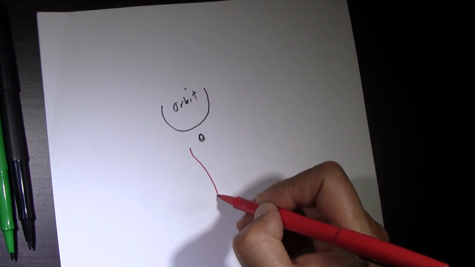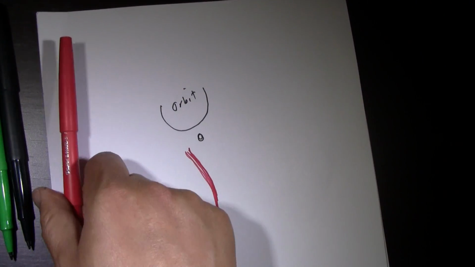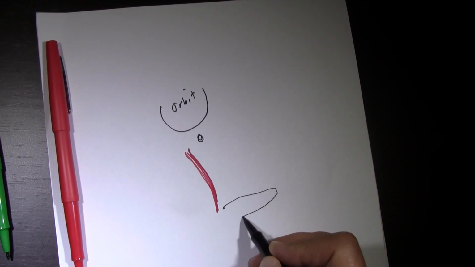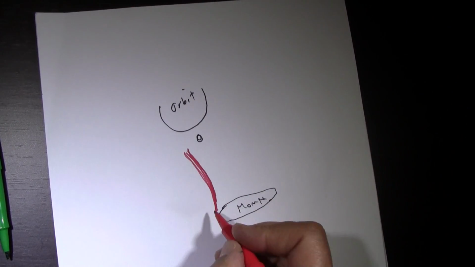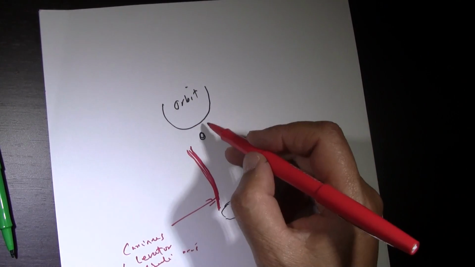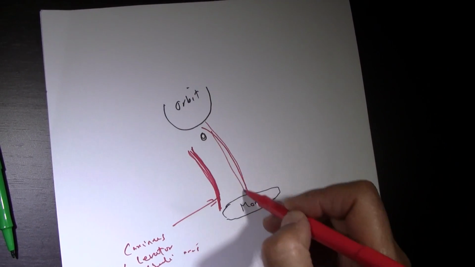Then there is a muscle just below here, extending to the angle of the mouth, and this muscle is called caninus or levator anguli oris.